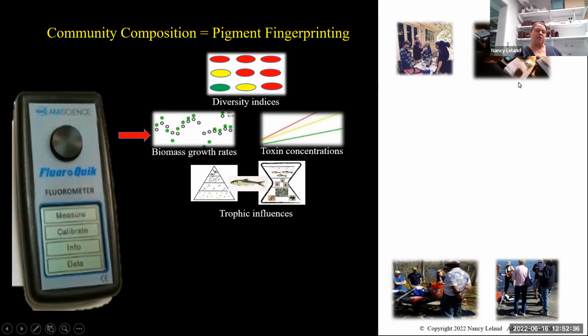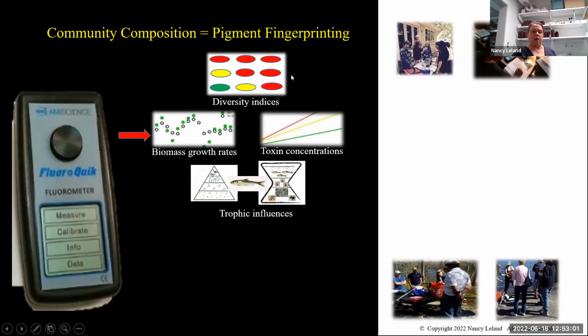So the cyanocasting model also relies upon the community composition as the most important variable that we use to initiate our analysis. And what we're doing with that is we're doing something that's called pigment fingerprinting. And what we're able to do is to describe the diversity of the populations based upon the pigment fingerprints.